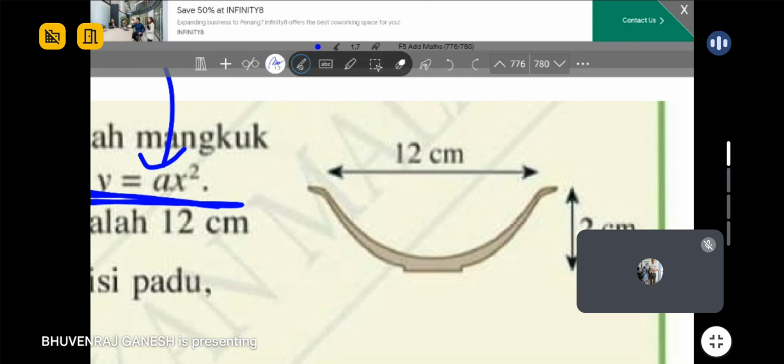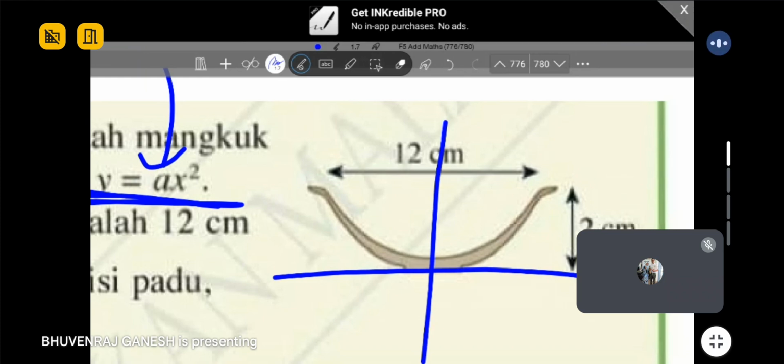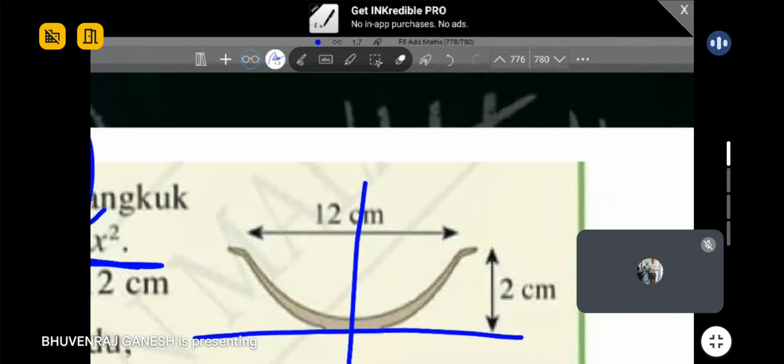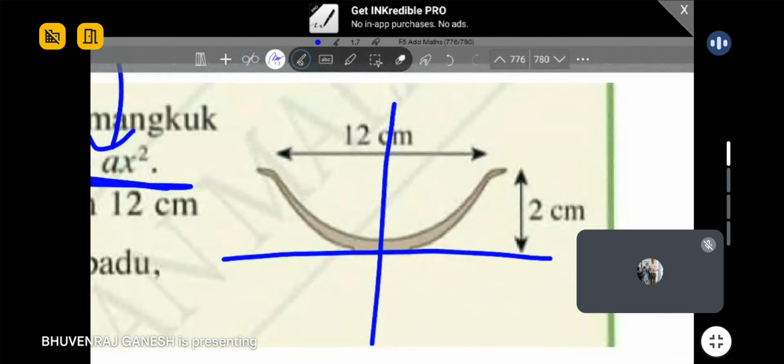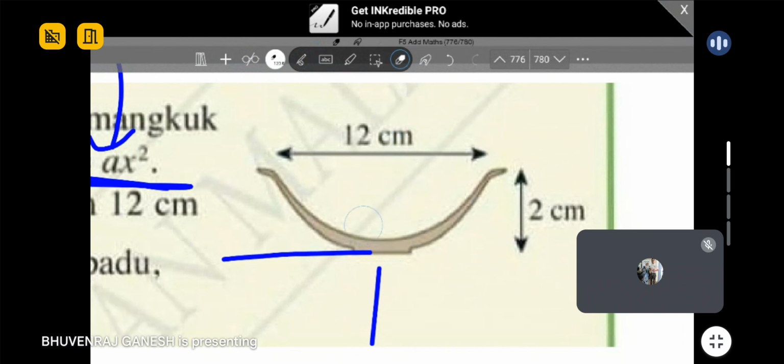Okay, guys. See carefully, yeah? You all tell me, is it correct to place my axis here? Yes or no? Is my axis position correct? X, Y, like this? What do you all think? Okay, it's not correct. So we have to change. This position not correct. So you try and see again.